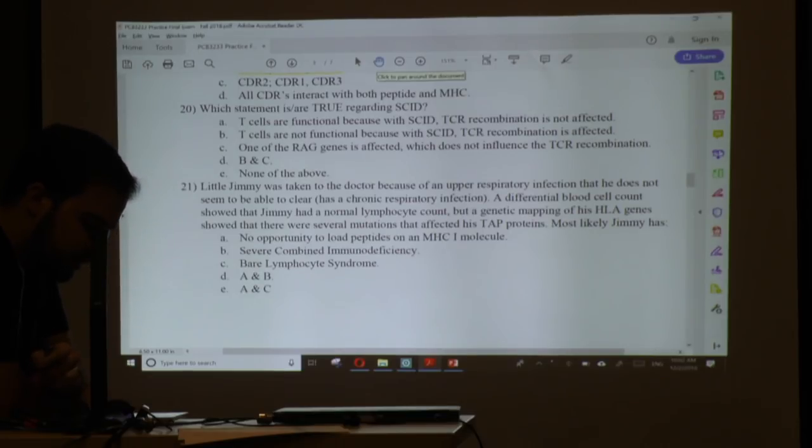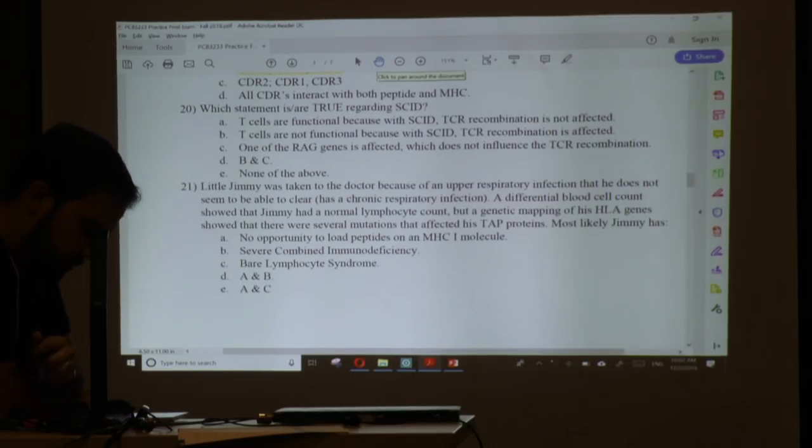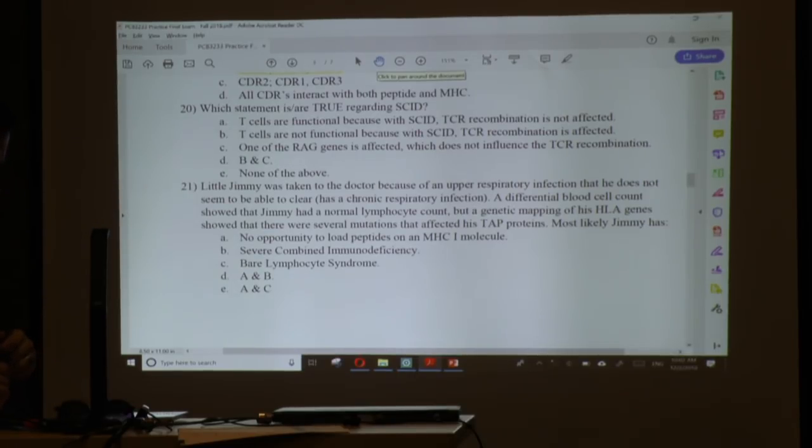All right, so who can tell me a little bit about SCID? Does anybody remember SCID? That's one of the diseases that we have to study. Anyone? Severe combined immunodeficiency. And what was affected in SCID? Anyone?